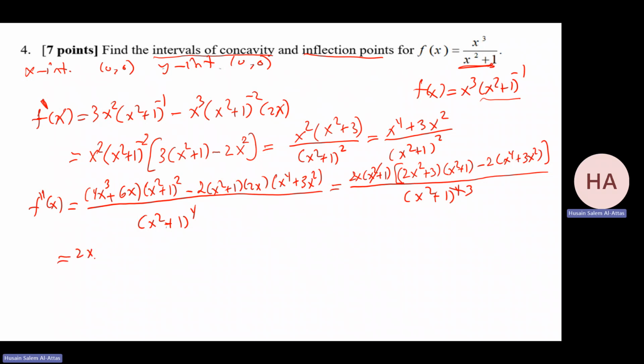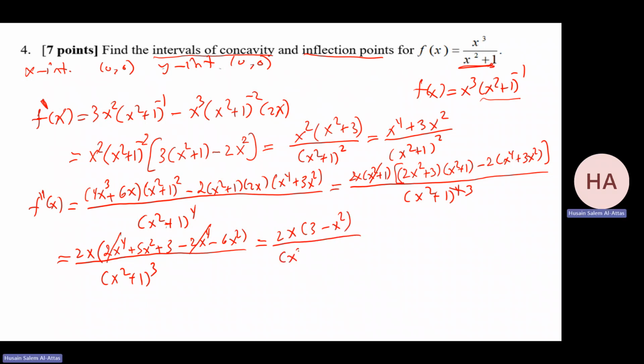So the remaining is 2x times this. Be careful: 2x to the power 4 plus 3x squared plus 2x squared, that is 5x squared plus 3, minus 2x to the power 4, minus 6x squared. Okay, we are there. So this will be 2x times (3 minus x squared) over this.